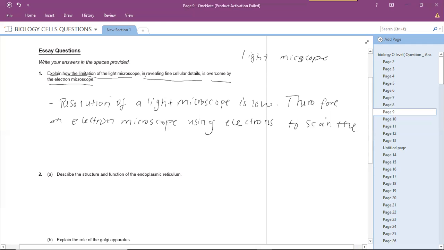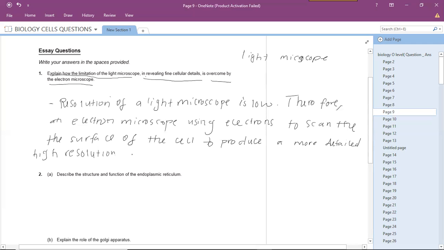So an electron microscope uses electrons to scan the surface of the cell to produce a more detailed, high resolution image of cellular structures.